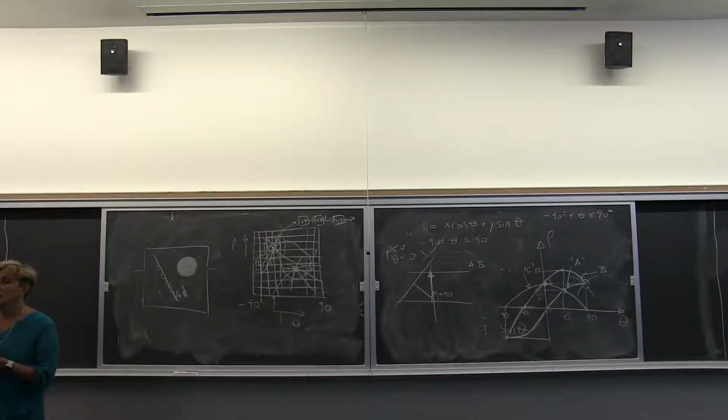Or I might have an image that has a bunch of coins on it, and I want to figure out how many coins are there in the image. So how do I do what I just did for the line, but to detect circles? How do I modify the Hough transform to solve this problem?